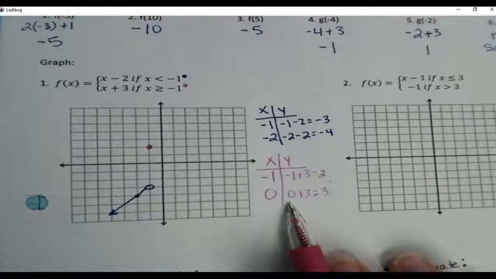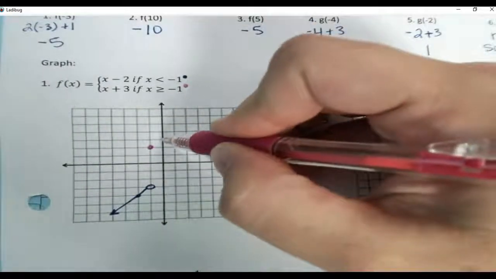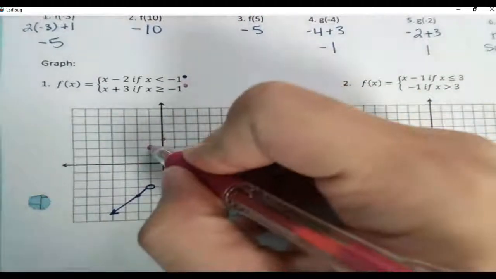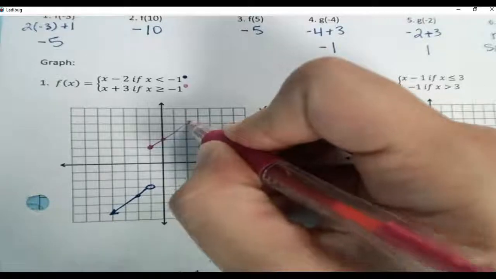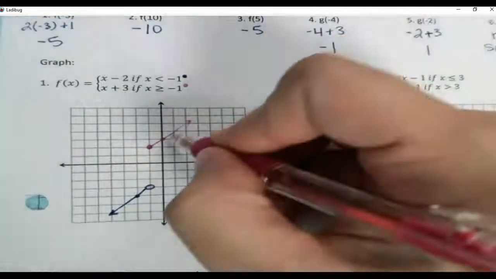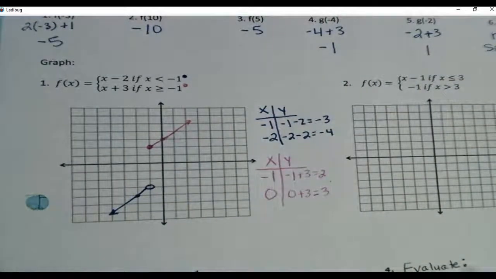It just tells us our direction. So I go to 0, 3, which is here. So then I know my graph is going up this way. Questions?